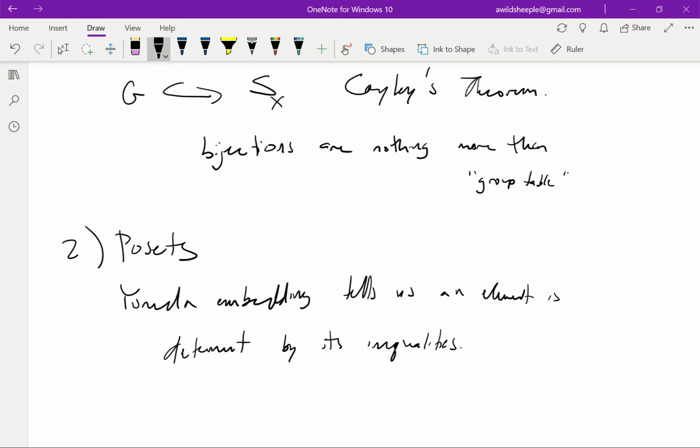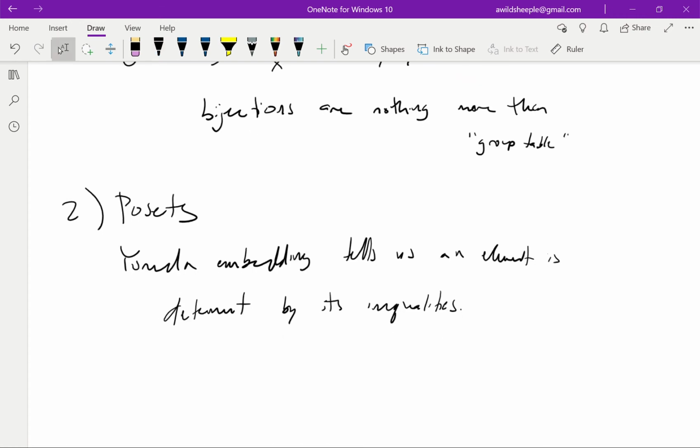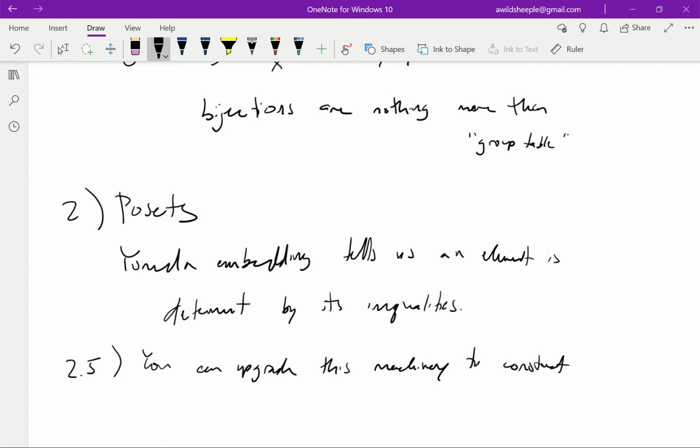And maybe the half example that I don't want to talk about this too much because the construction of R is sort of beyond the scope of this video. But again, if there's some interest in it, I'll show it maybe later on. You can actually upgrade this machinery to work with posets that contain a little more data than just set theoretic data, to construct the set of real numbers.